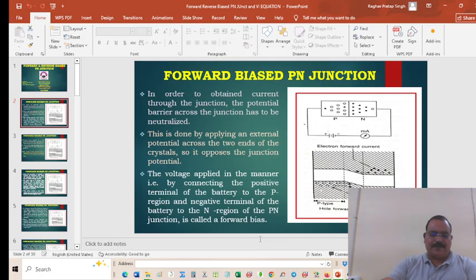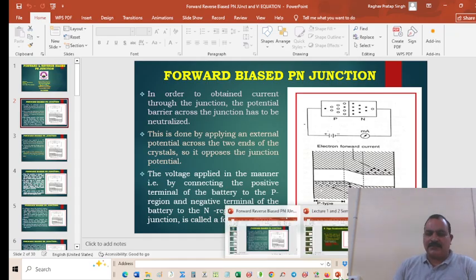Okay, dear students. So in previous lectures, we have read about the fundamentals of semiconductor physics. Then there are three types of materials: your conductors, your insulators, your semiconductors, having different properties.